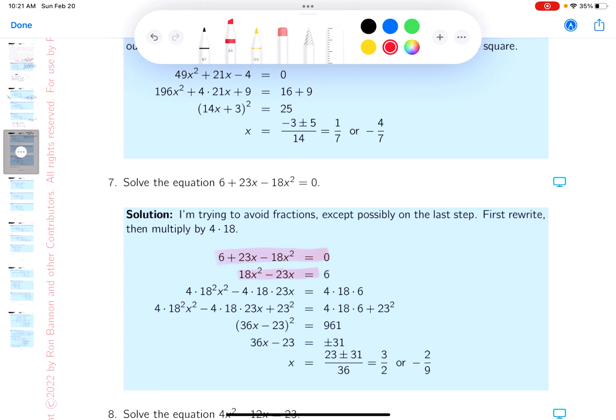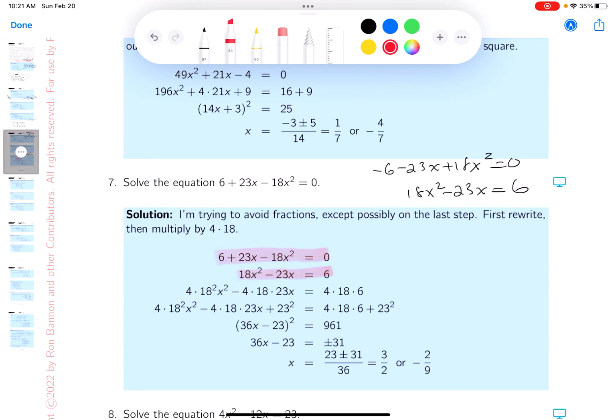And then I got this line over here, and let me tell you where that line's coming from. I multiplied both sides by minus 1. If I did that, I would get minus 6 minus 23x plus 18x squared equals 0. Then I rearranged it: 18x squared minus 23x equals 6.